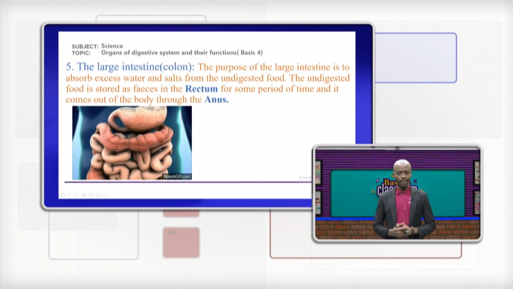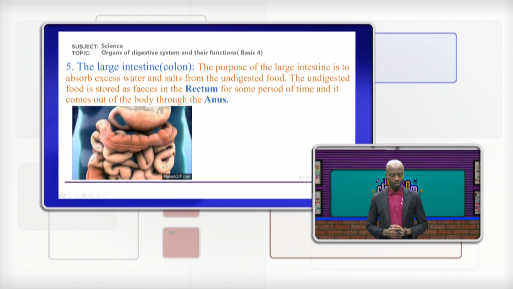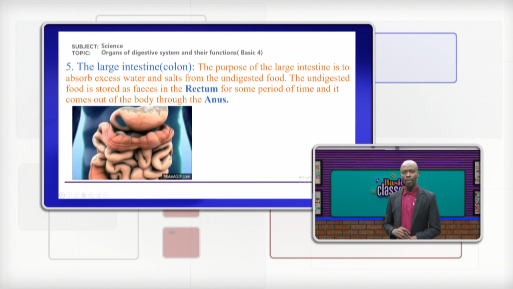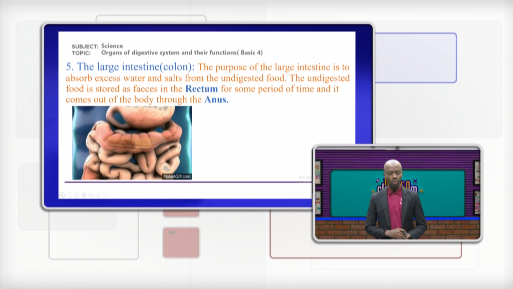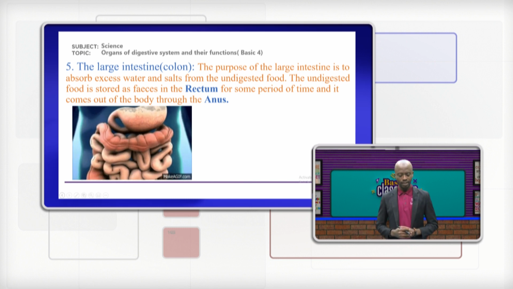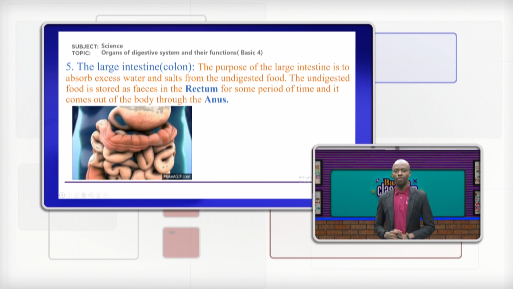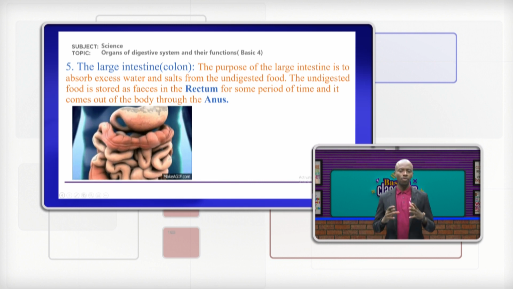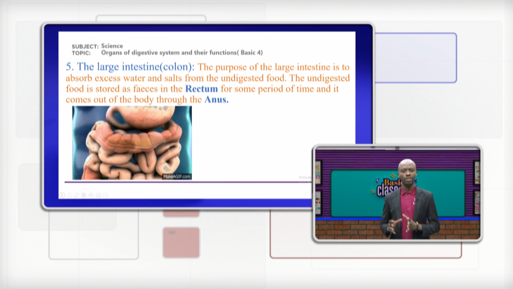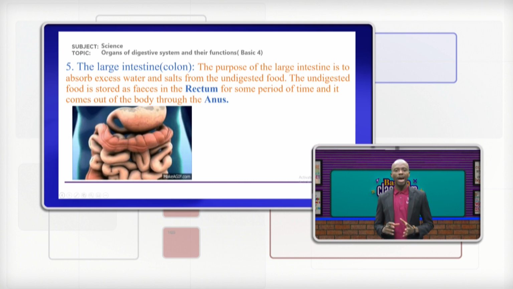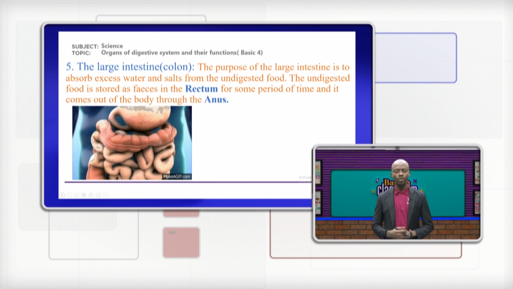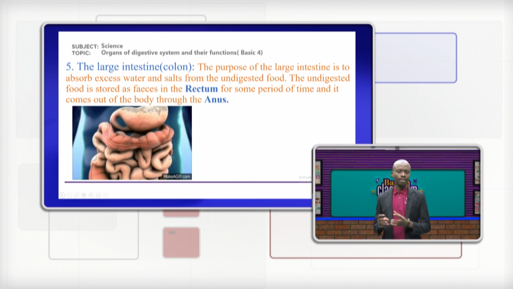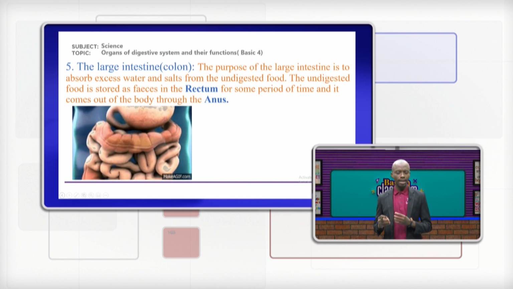Now, the large intestine, another name is colon. The purpose of the large intestine is to absorb excess water and salt from the undigested food. After the food substances have been broken down into simplest units, the undigested food gets into the large intestine, which contains salt and some water.